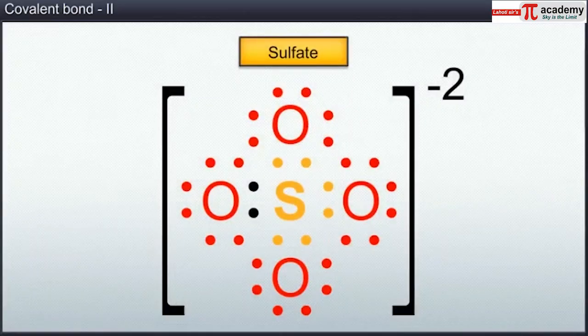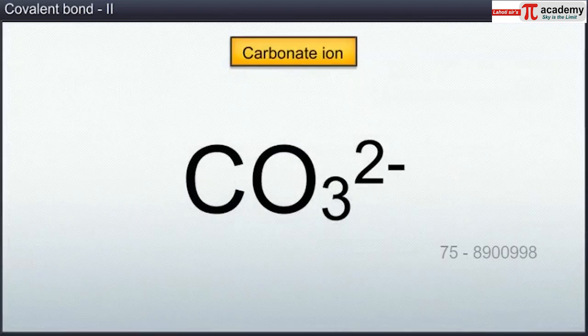To draw the Lewis structure for compounds, first, the unit of the negative or positive charge should be deducted from the total number of valence electrons of the compound. The remaining number of valence electrons should be distributed as the bonding pairs of electrons. For example, a carbonate ion has 2 negatively charged units.